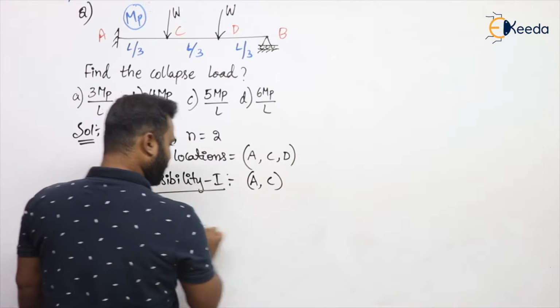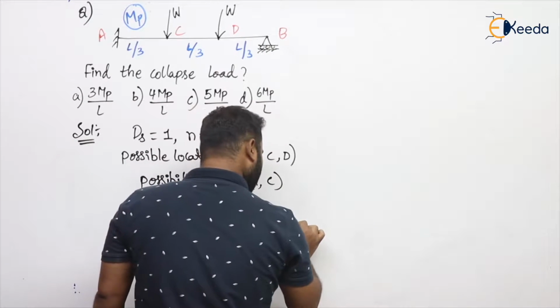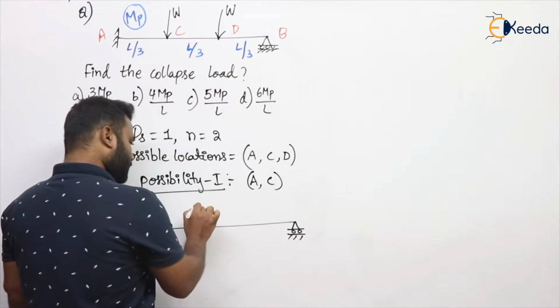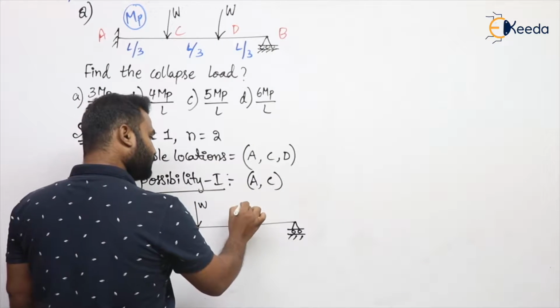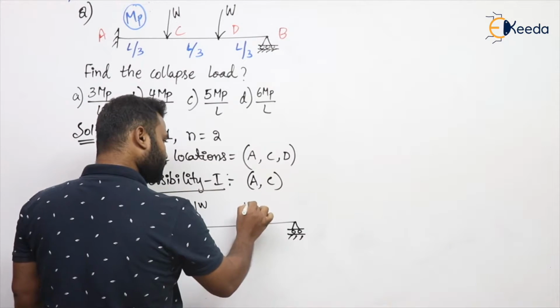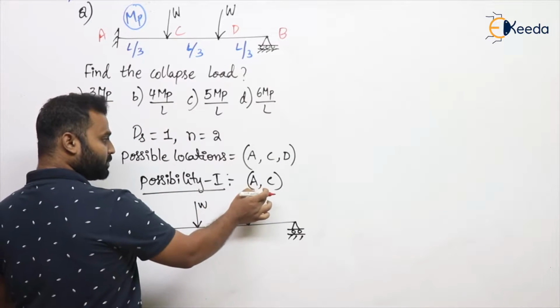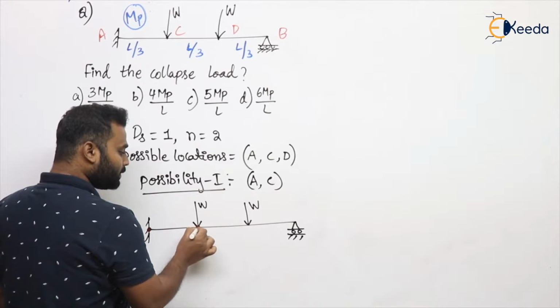Draw the beam diagram. Here where the loads are acting, W and then W. Now in this possibility, we have assumed plastic hinges are forming at A and under this point load.